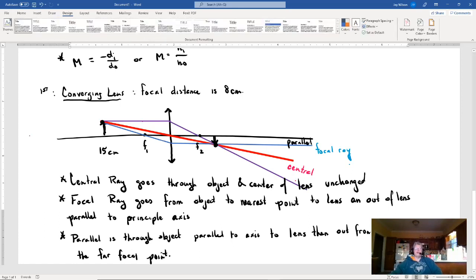And then of course we'll have to be able to calculate these, and we'll have to find sizes and all that. So we've got that for this problem.